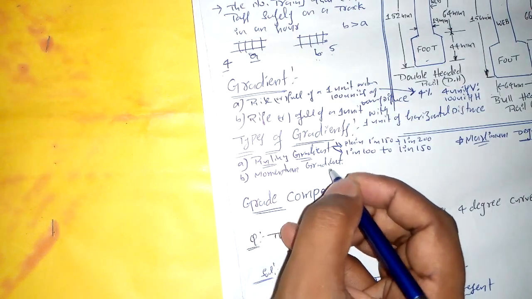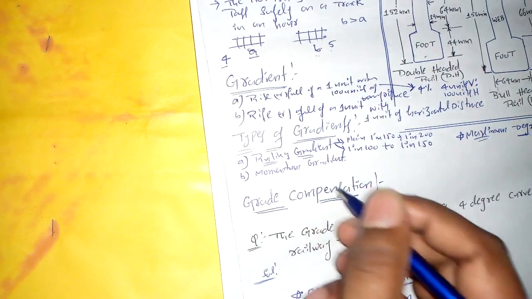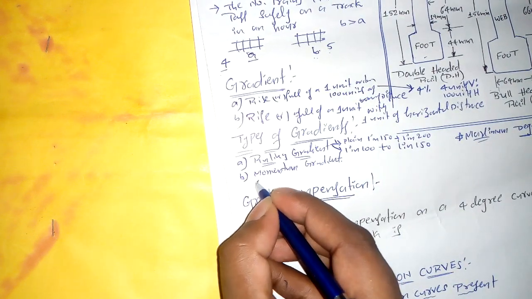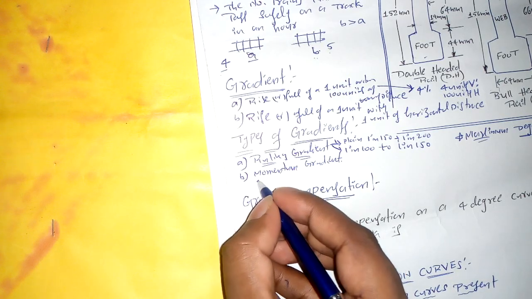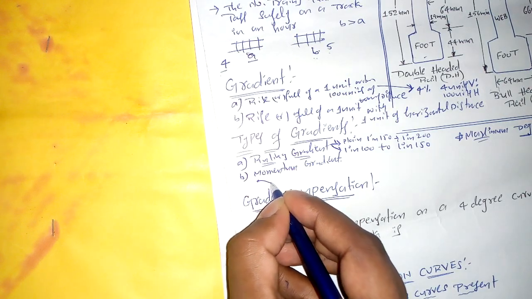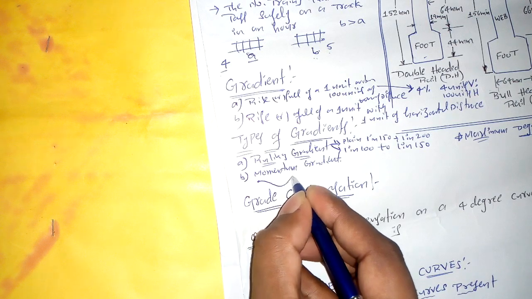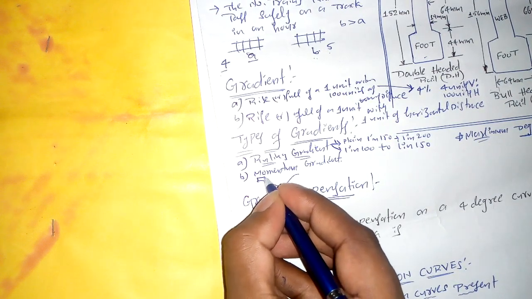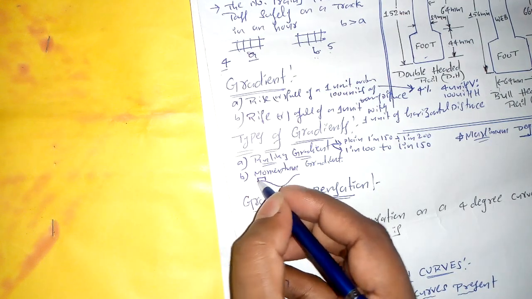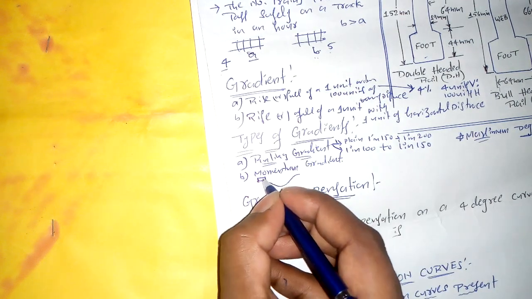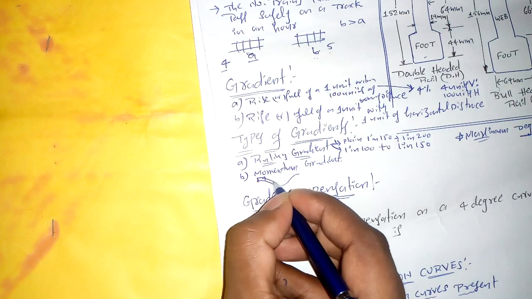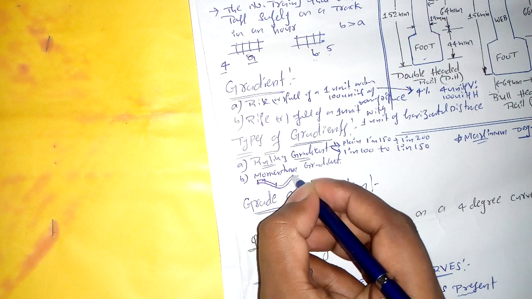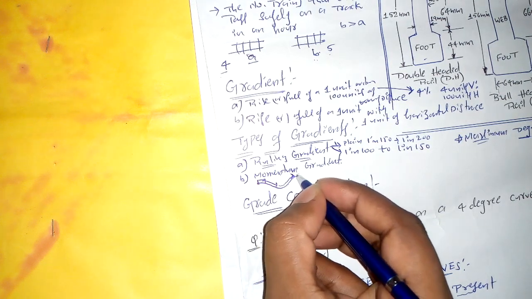Here the falling gradient is followed by the rising gradient. For example, it's a sectional wave: here there is a falling gradient, and then again a rising gradient. In this case, the potential energy gets converted to kinetic energy, so the train can accelerate and easily climb this rising gradient.